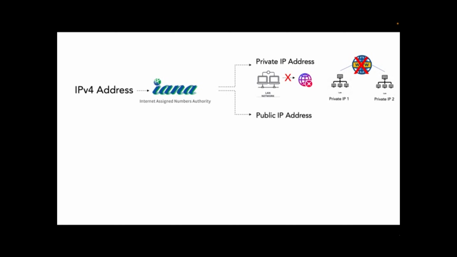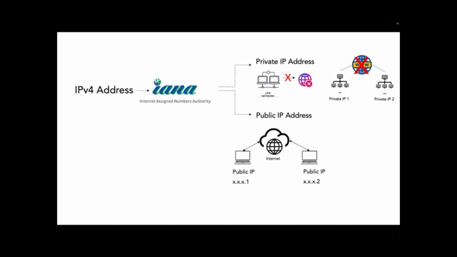Whereas a public IP address or external address is a unique address assigned to every device that connects or communicates directly to or over the internet. Public IP addresses are publicly accessible from any public network such as the internet.